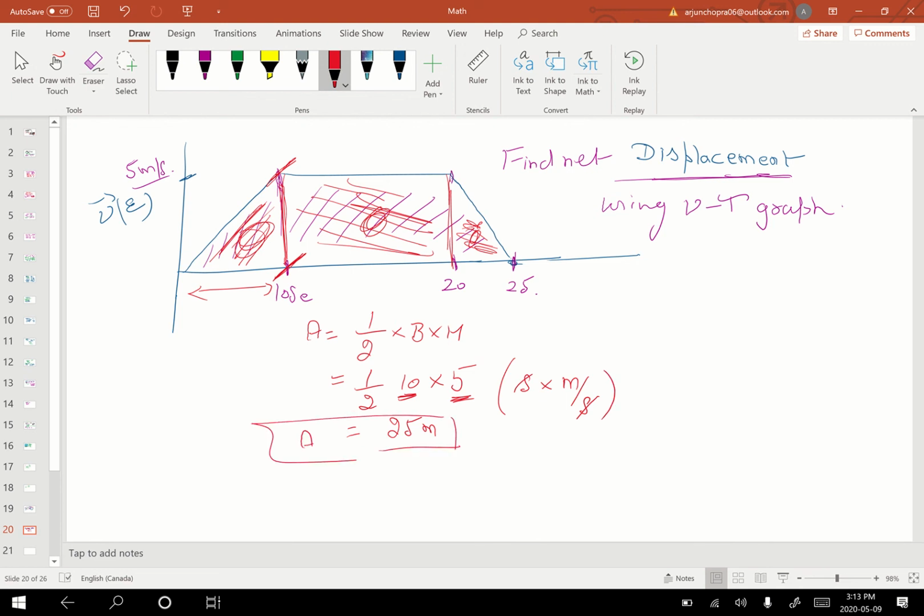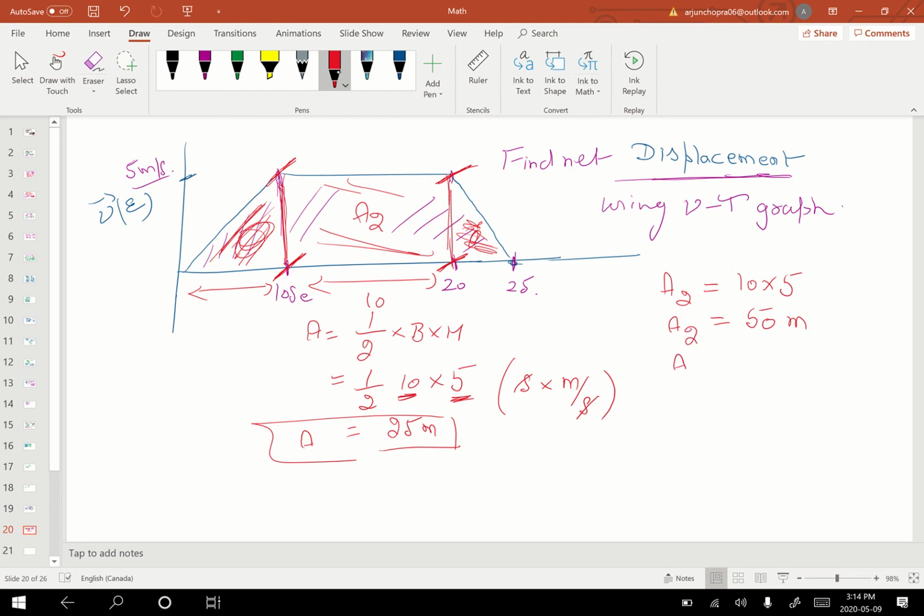So we found the area for the first section, that comes out to be 25 meters. And the area of the second section: this side is 10, and this side from here to here is 5. I'm going to make some space here and call it A2. So A2 will be equal to 10 times 5, that will come out to be 50 meters.